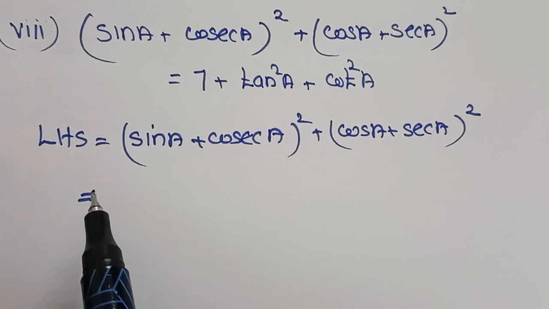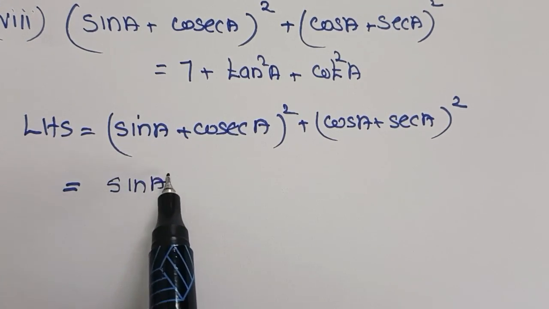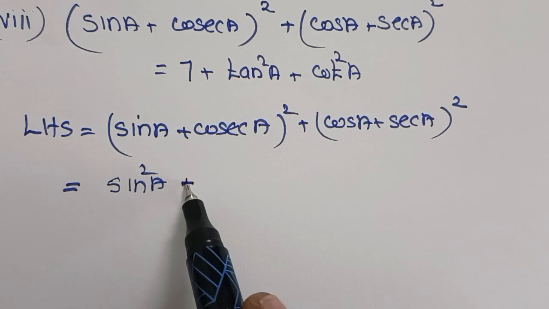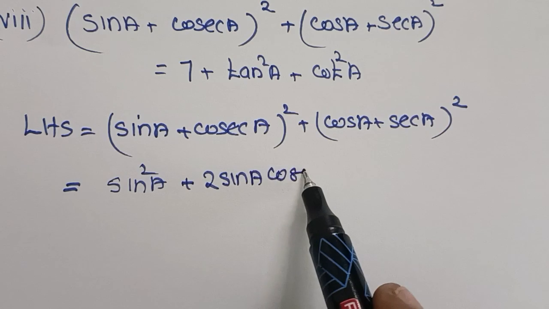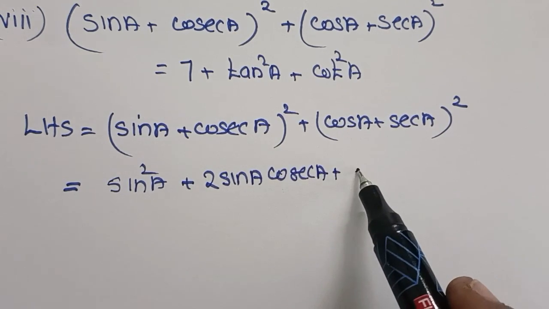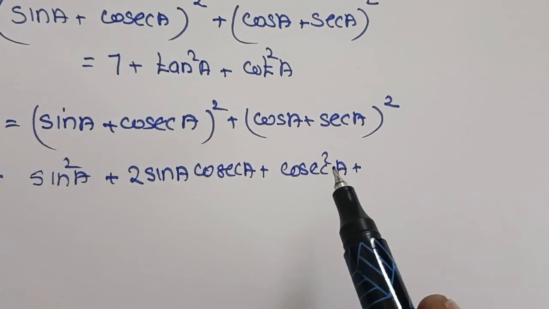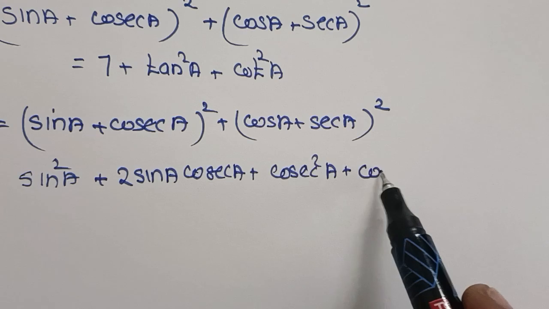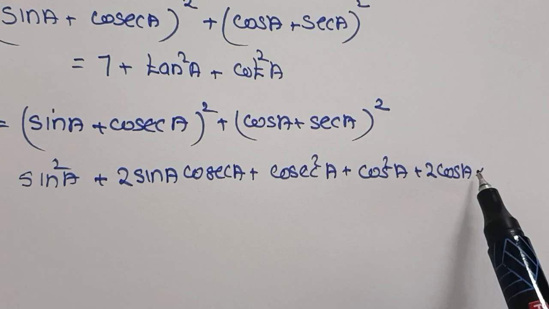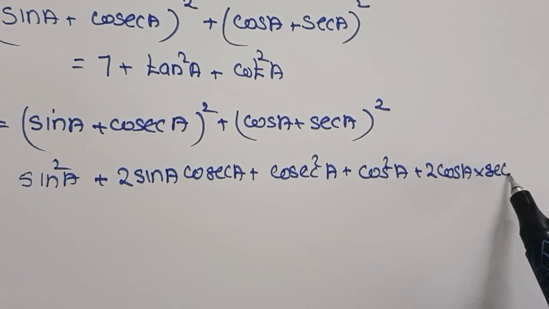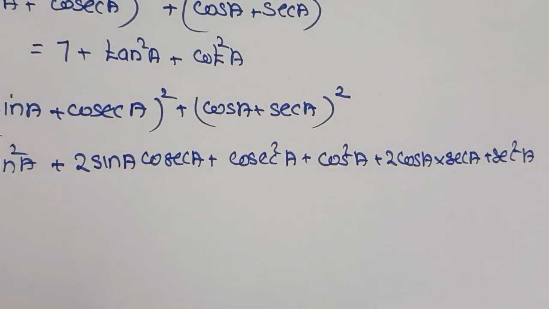Now expand using identity (A plus B) the whole square: A square, that is sin square A, plus 2AB, that is 2 into sin A into cosec A, plus B square, that is cosec square A. Here also using the same identity we can expand: cos square A plus 2 into cos A into sec A plus sec square A.